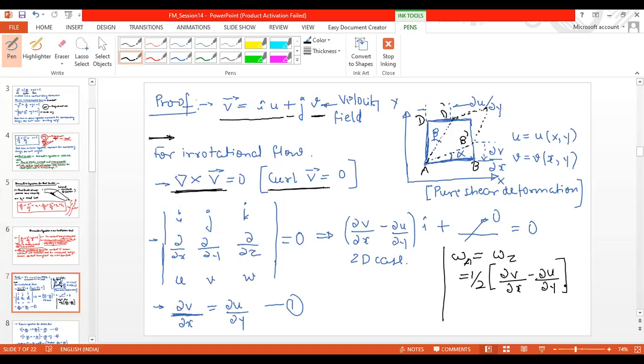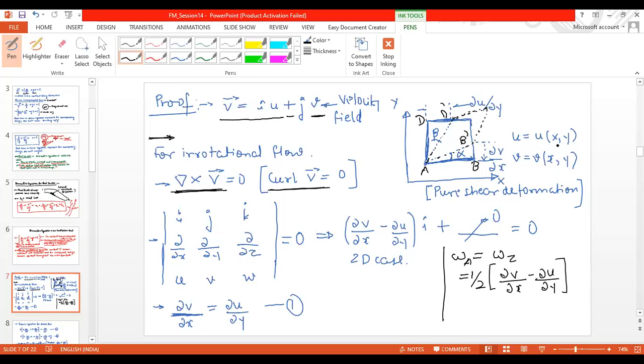This is the rotation factor which we are going to take into account in a flow field. The flow field is represented by these U and V components. Keep in mind that this kind of rotation is possible only when U is a function of both X and Y, and similarly V is also a function of both X and Y.